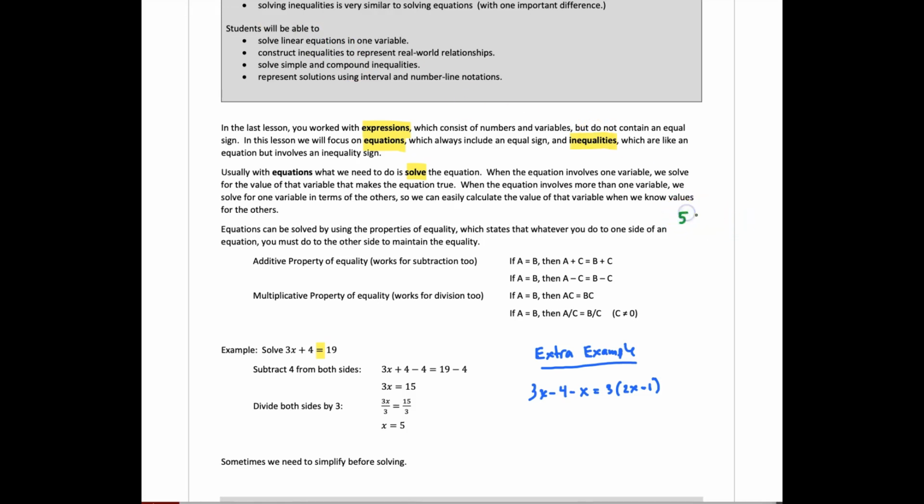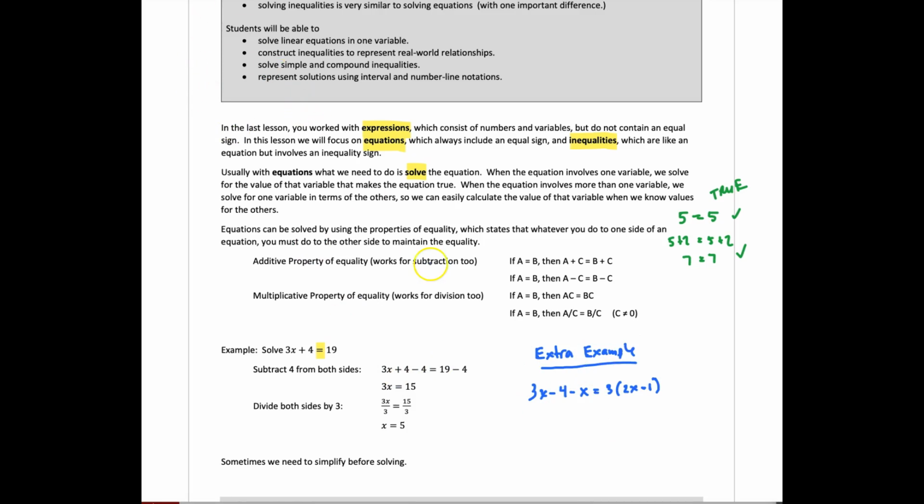Everyone knows this is trivial, 5 equals 5. But if you add 2 to 5, you end up with a true statement. They're both true, and that's the important piece about it.